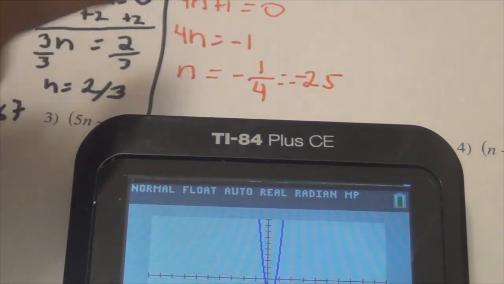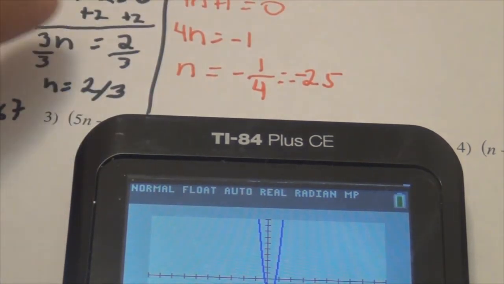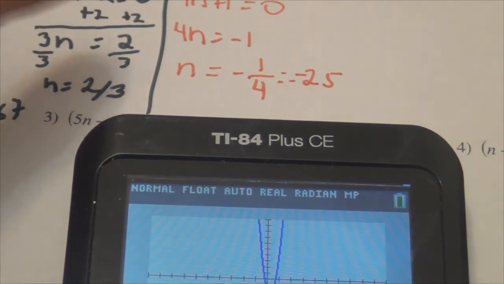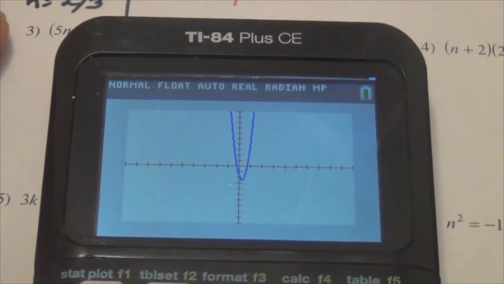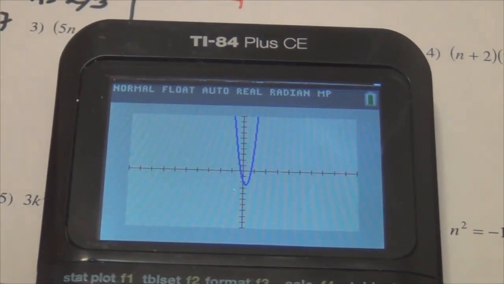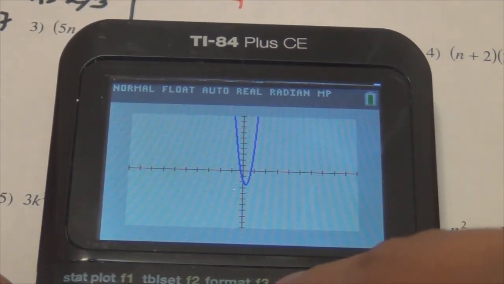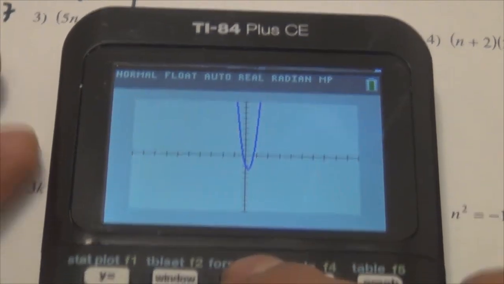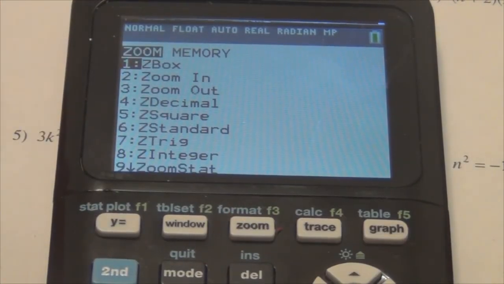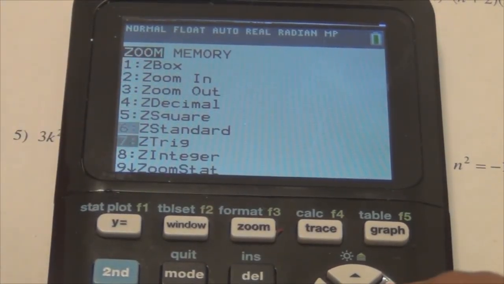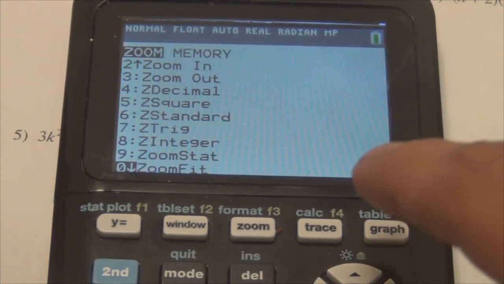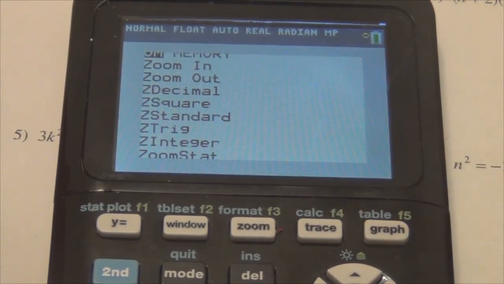They represent all the values when y is 0. So let's take a look. I'm going to press the key that reads zoom, go down to where it says zoom fit, and press enter.